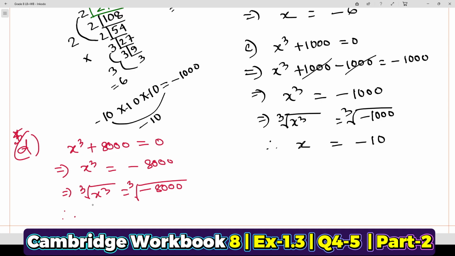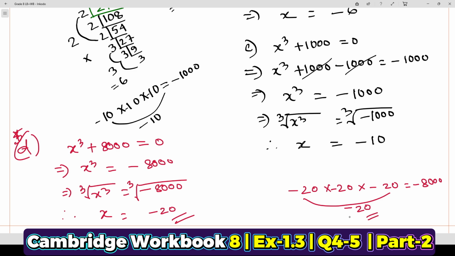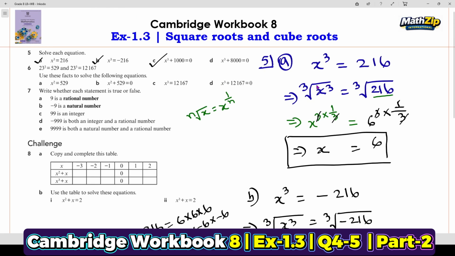Once we take the cubic root, we will get x, and 8 is 2 times 2 times 2, so we can write 20. Okay, because minus 20 times minus 20 times minus 20 will be minus 8000. So from these three minus 20s we pick 1, which is minus 20. This is our result. I hope you cleared this one. So number D done.